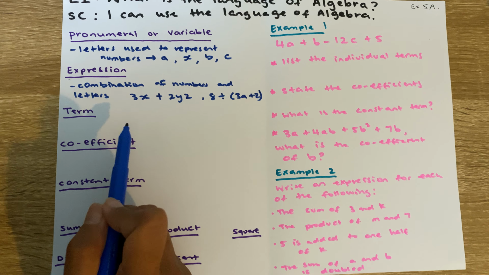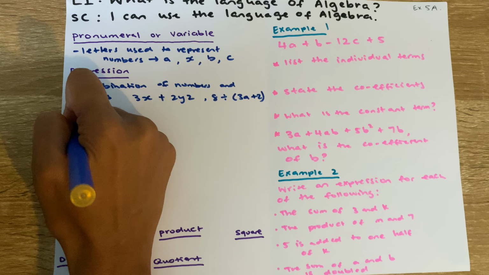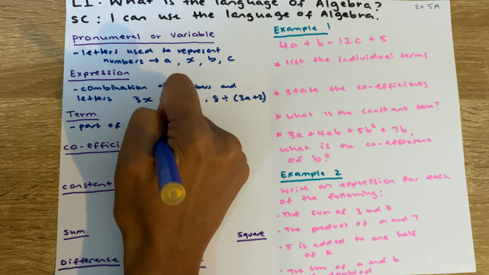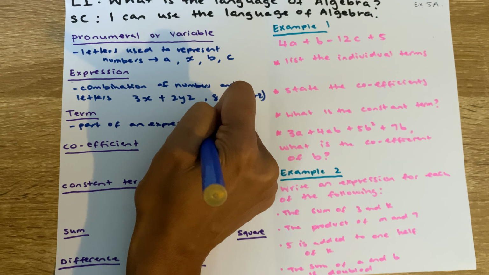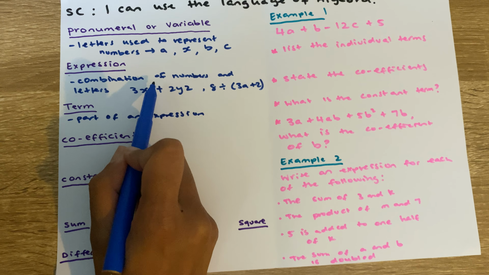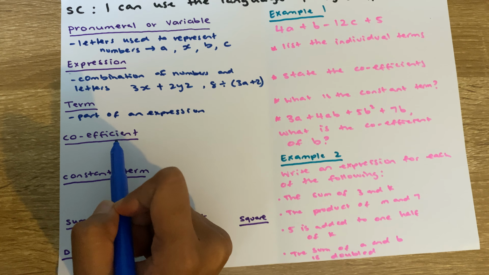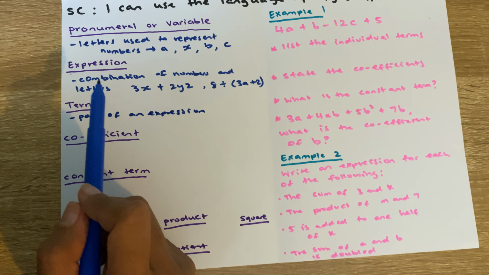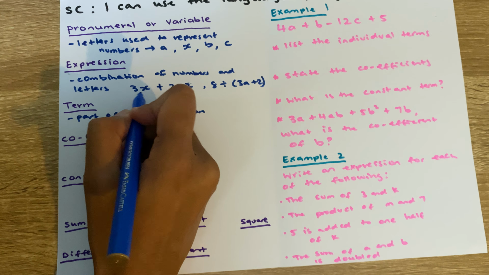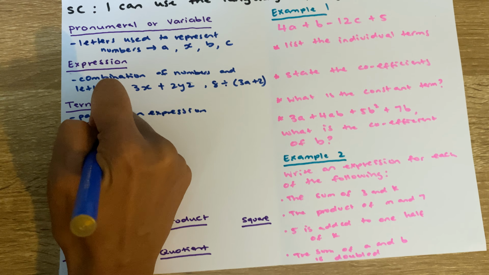Okay, a term is a part of an expression. So part of an expression. And when we're talking about parts of an expression, we are talking about each segment between the mathematical symbols. Okay, so for this expression over here, we've got 3x, which is a term.